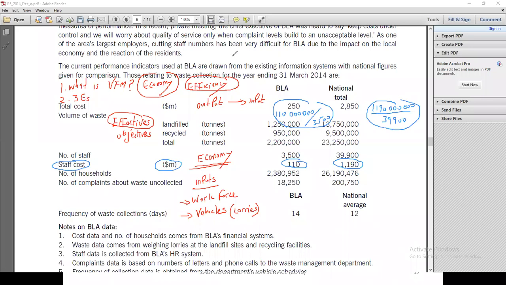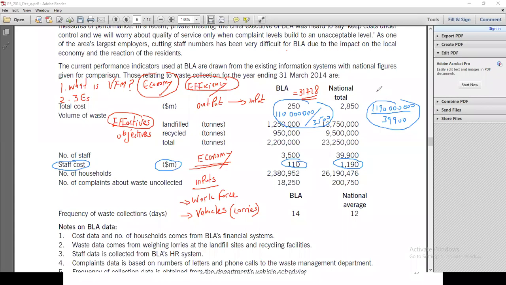Can I have the answers? So you're explaining how this is done. Here, BLA, 31,428.57. Okay.